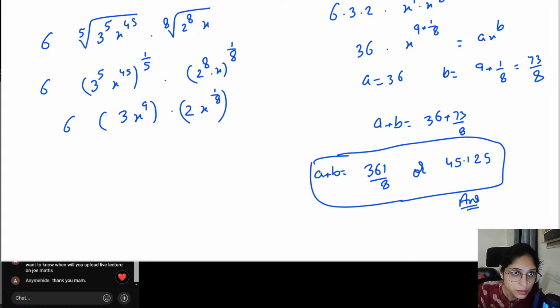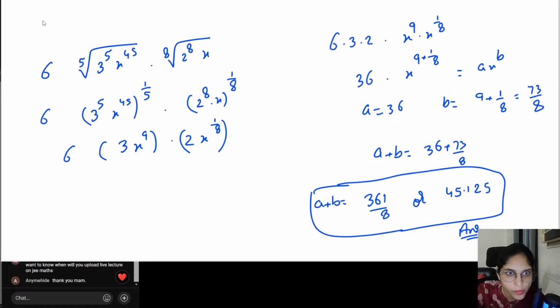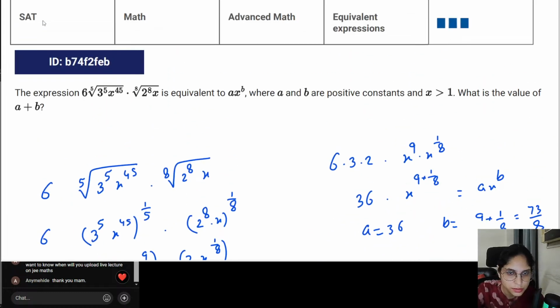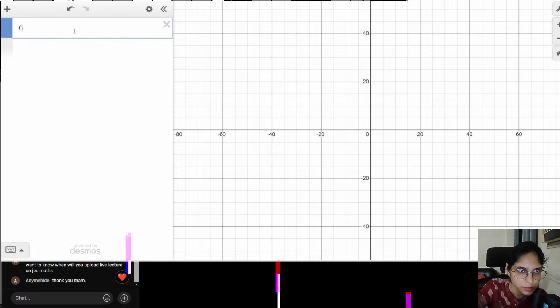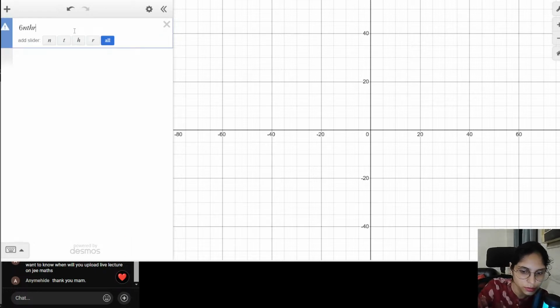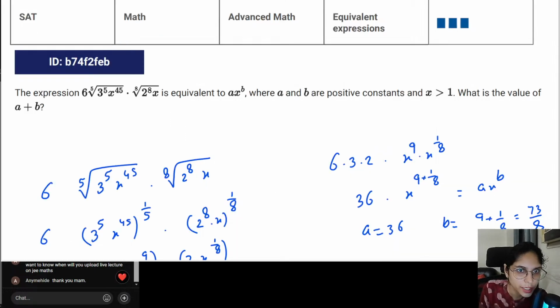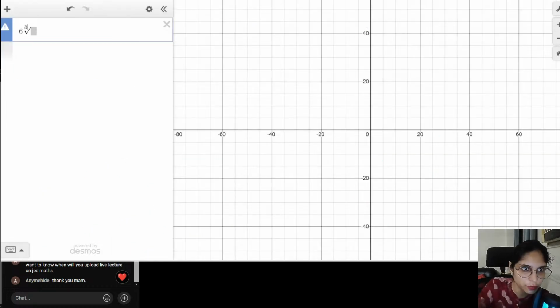This is your answer. And we always check our answer. Because everything is in terms of x, so I will write 6. Then you have nth root, and you're finding the 5th root, so you write 5 over here.